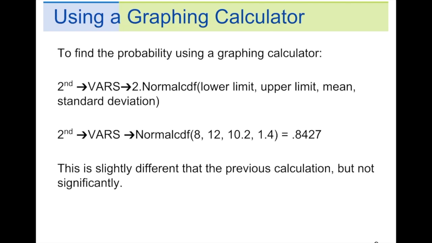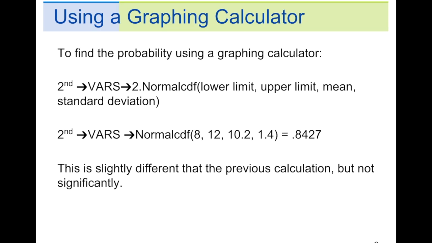To find the probability using a graphing calculator, instead of a table, you do second vars, which is the distr button, to normal CDF. Lower limit, upper limit, mean, standard deviation.